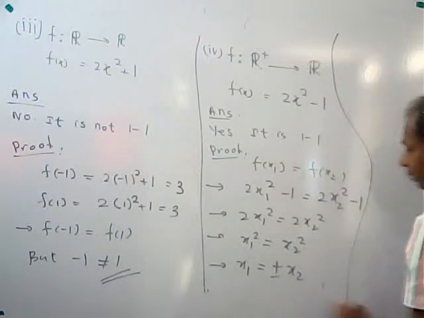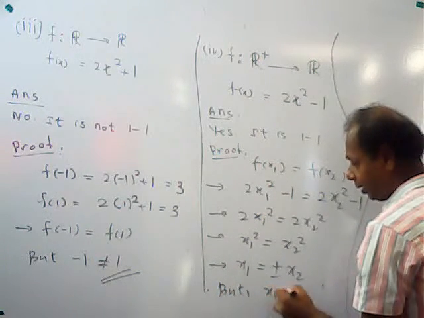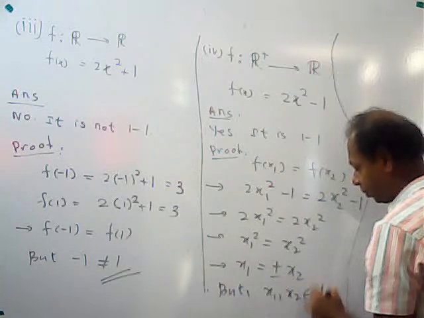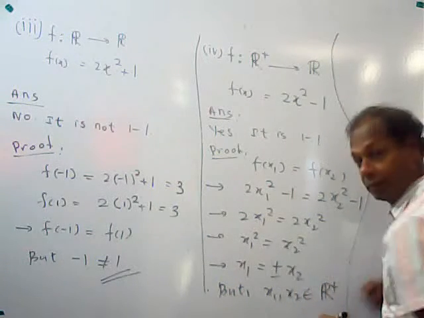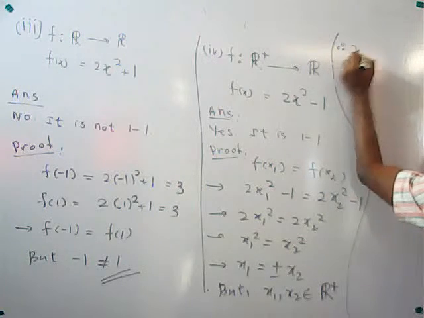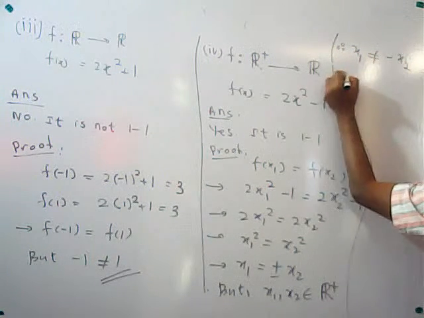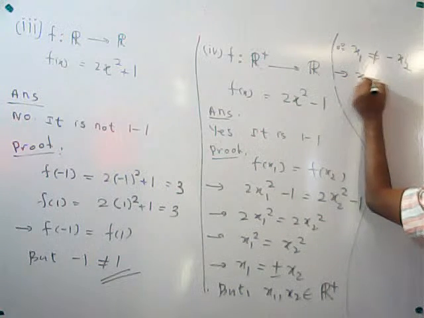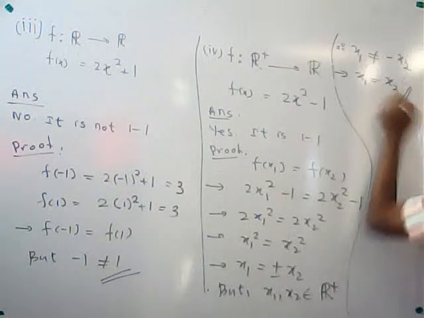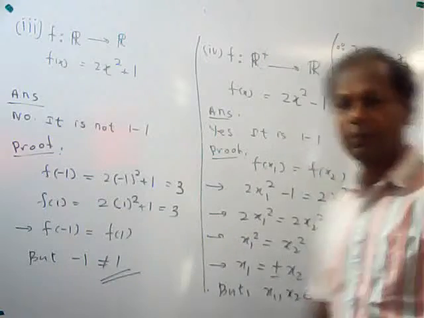Since x1 and x2 are taken from R plus, x1 cannot be equal to minus x2. So that implies x1 is equal to x2. So it is a one-to-one function. Yeah, your answer is correct.